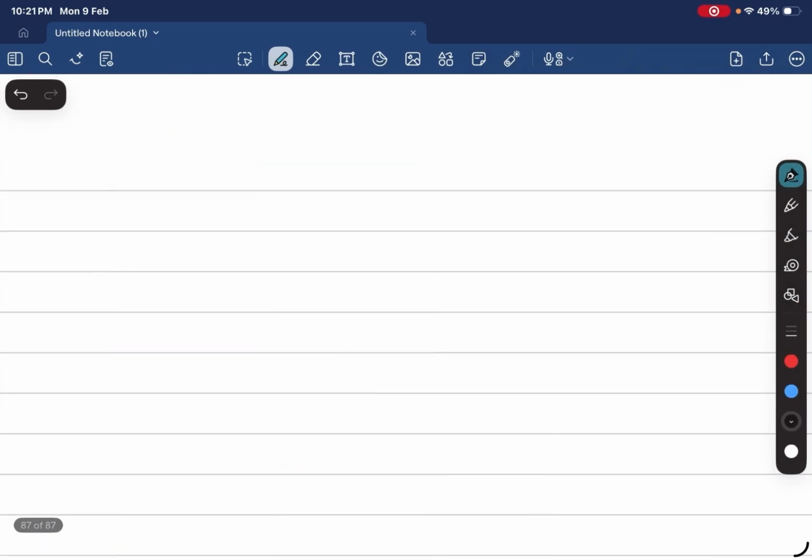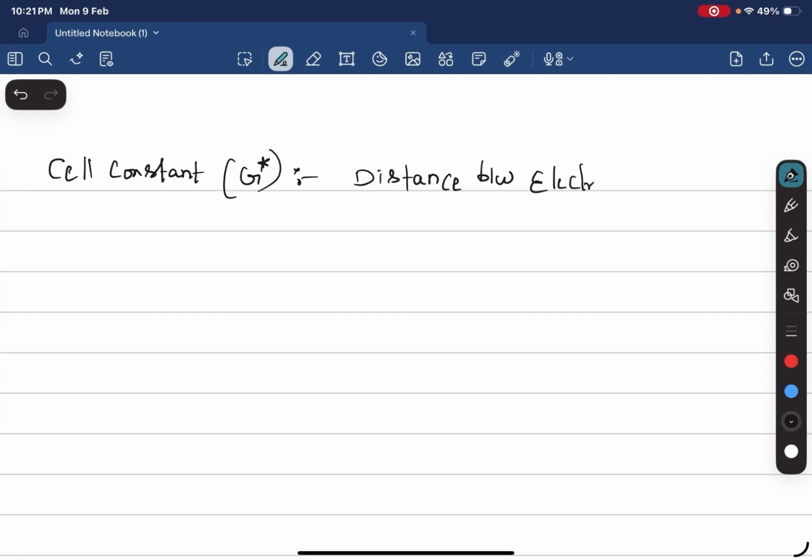Next is cell constant. This is generally indicated with G star. It is the geometry of the conductivity cell, or it is defined as the distance between electrodes upon area of cross section. It is the ratio of distance between electrodes to area of cross section.